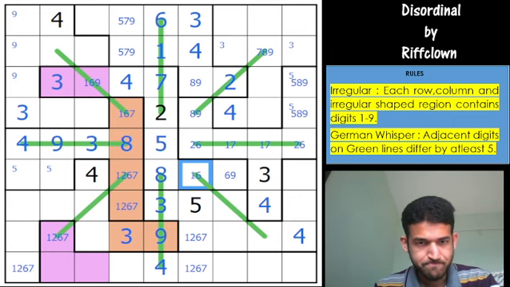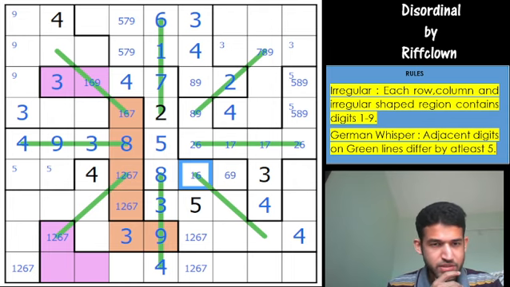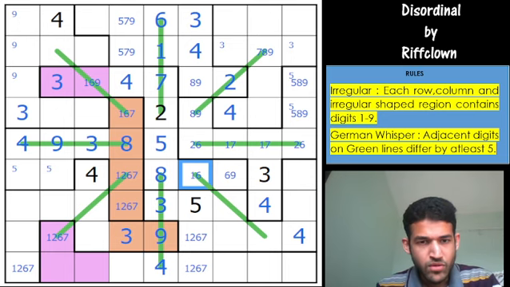Okay, so not easy to look into this. So 9 cannot be in this row in this region.